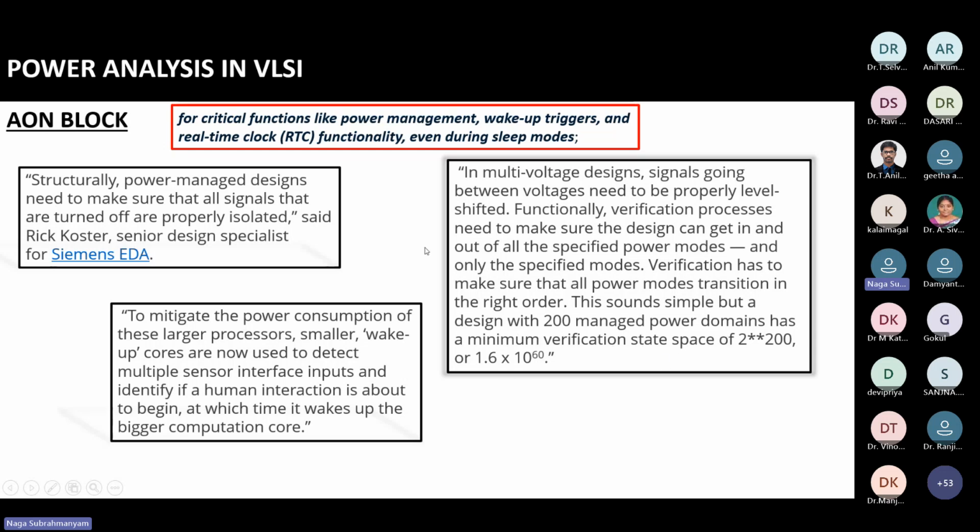So in order to verify this always on block, we need to have separate test cases, or a separate state space. Okay, so this much is available on the internet regarding the always on block. If you ever experience a very big project, there you can see this always on block completely.